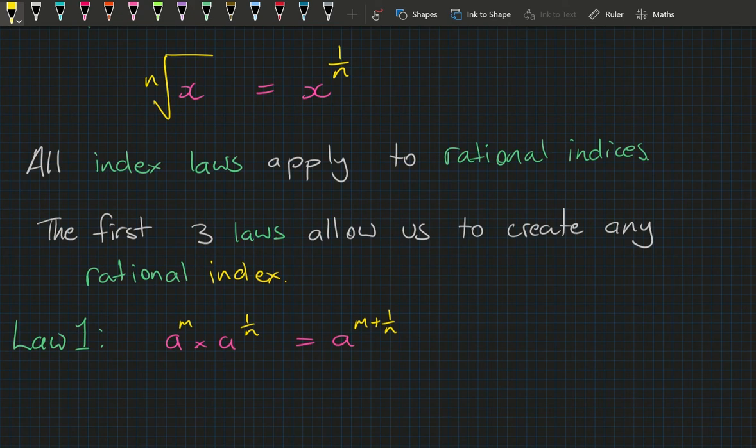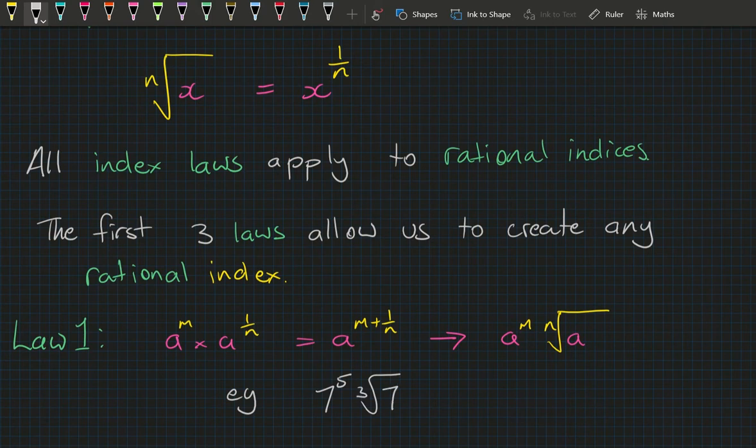And expressed using a surd or a root, that is a to the m times the nth root of a. So a little number example I could use here is 7 to the 5 times the cube root of 7 will equal 7 to the 5 plus a third, which we can simplify to 7 to the power of 16 over 3.